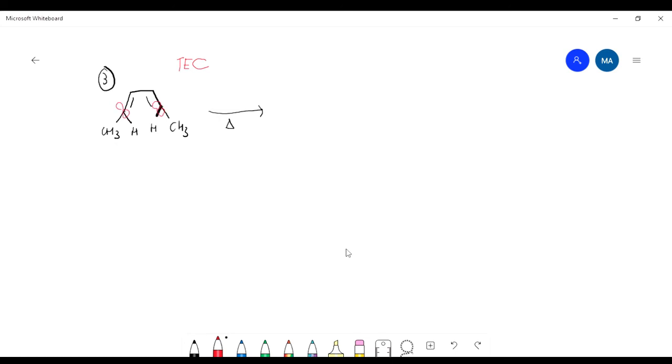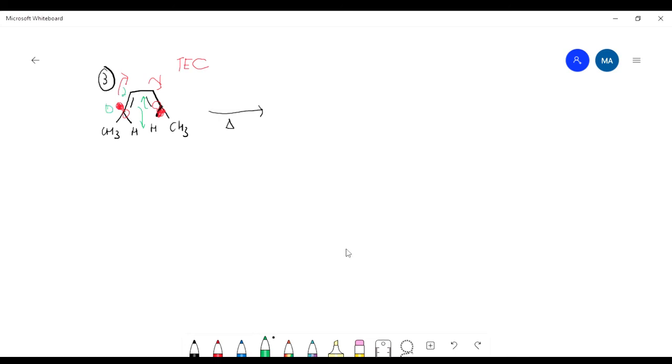Because it is conrotatory, the phase should be opposite, and then it undergoes conrotatory. So this bond will move here and it's going to form a new bond here.